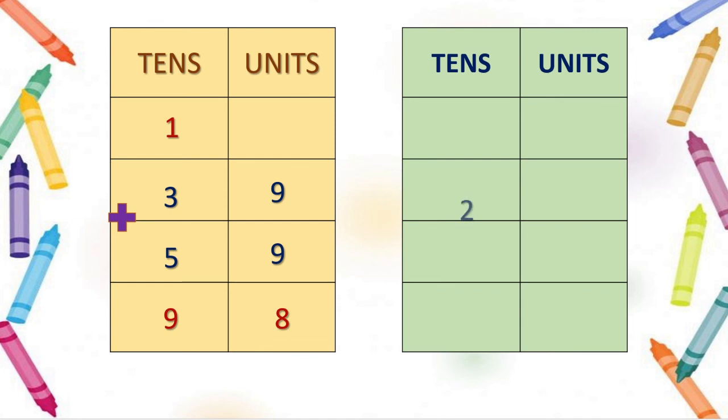And here 2 tens 7 units plus 5 tens 8 units. And in the units place we can see 7 and 8. Yes, what is the answer? Very nice, 15. So 5 will remain here and 1 is carried over to the tens place. And in the tens column you can see 1 plus 2 plus 5. That is nothing but, very nice, 8. So our answer is 85.